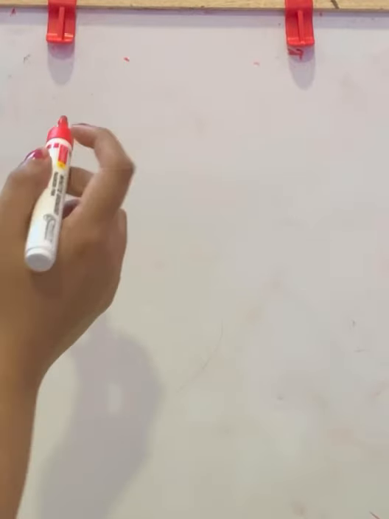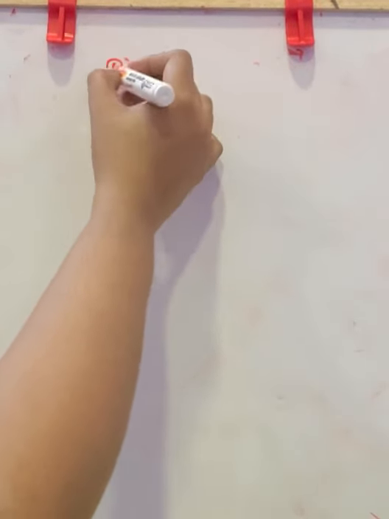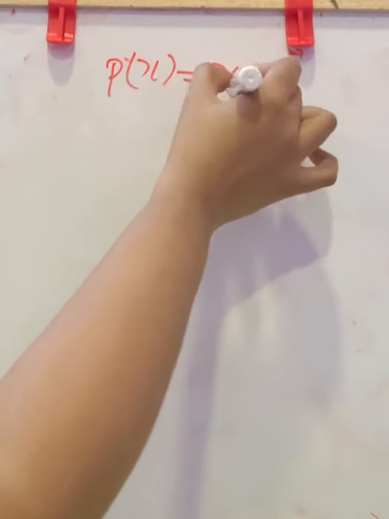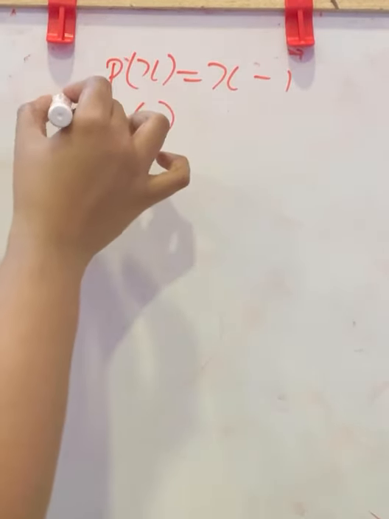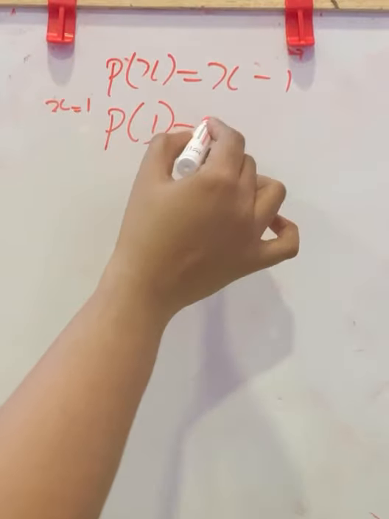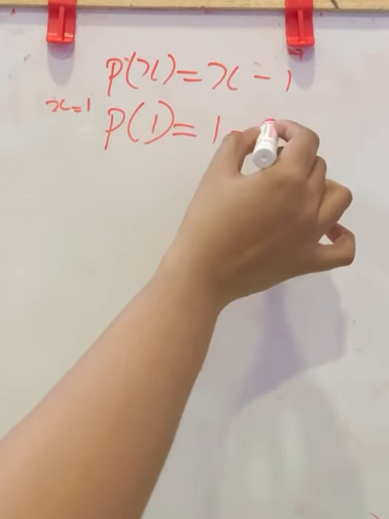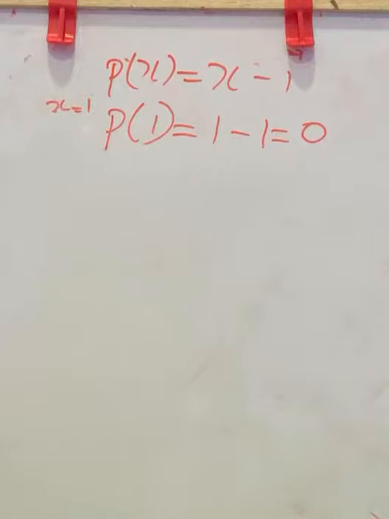For that I will write an example here. Let p of x be equal to x minus 1. First I am doing a simple one. Here I am going to find the value of p of 1, that is x is equal to 1. The result is 1 minus 1, the answer is 0.